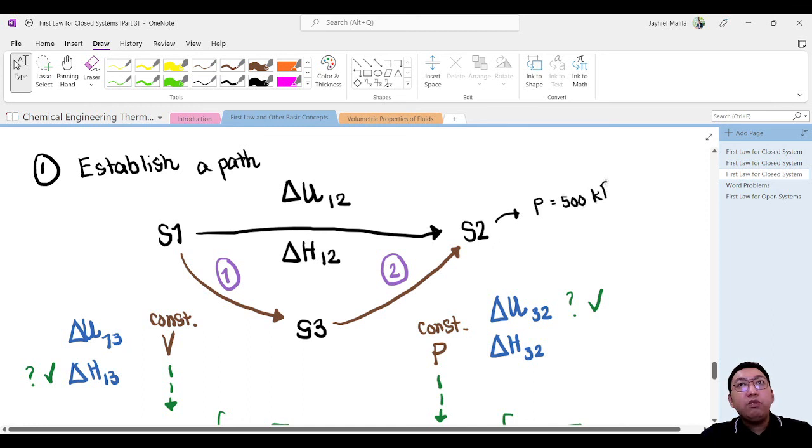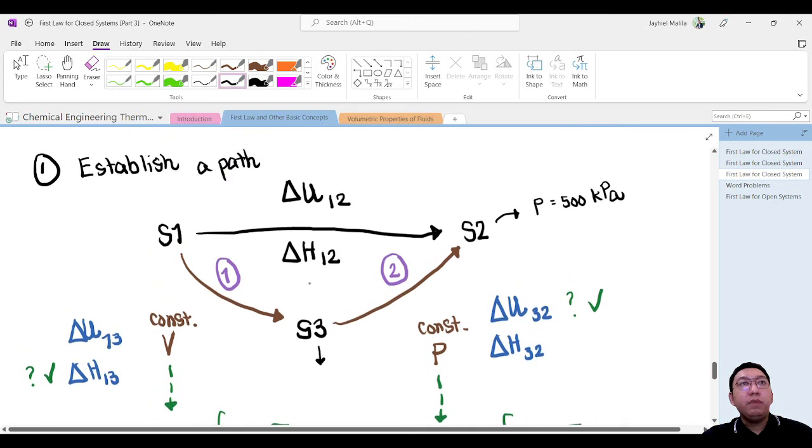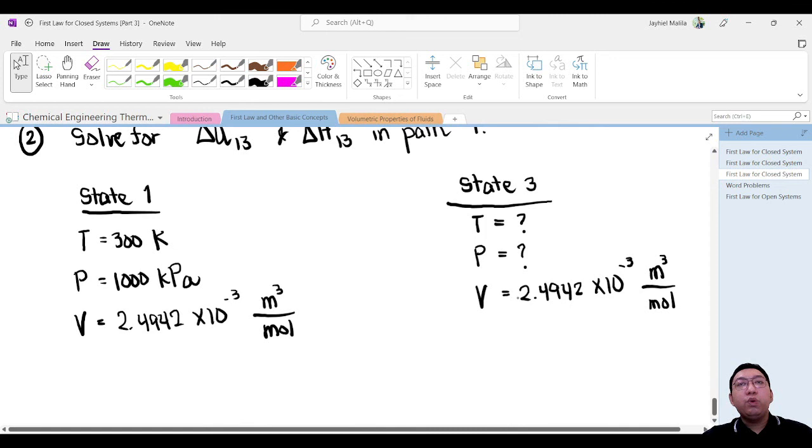So of course, it would make sense to say that the pressure for this state 3, the intermediate step that we have created, should have the same value of P, which is 500 kPa. So that's what you're going to write here: 500 kPa.